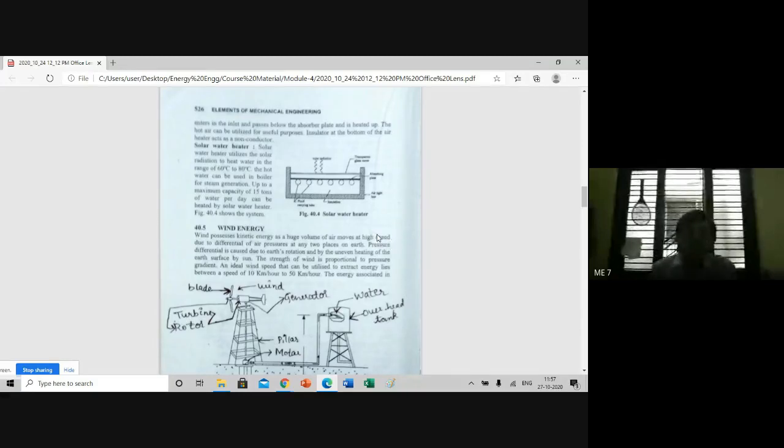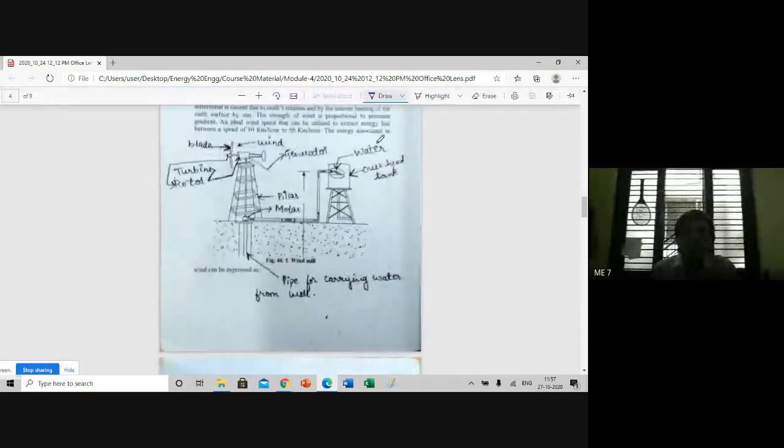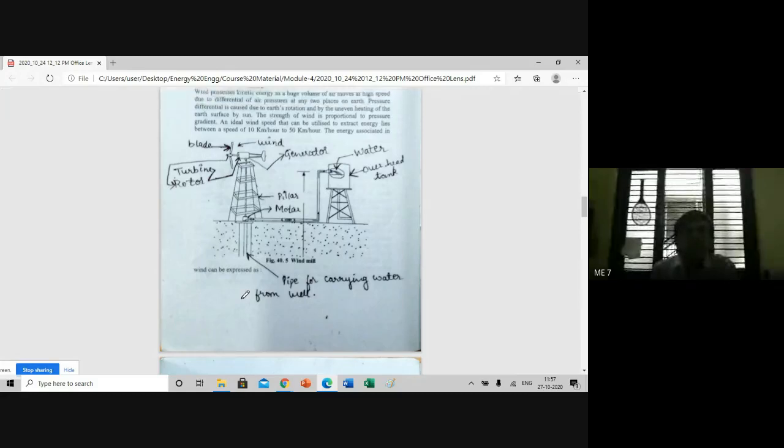So this is such an arrangement. You look at this diagram. Just to read the labels: blade is there, turbine is there, rotor is there, generator is there, and a pillar, motor, then a pipe for carrying water from a well.